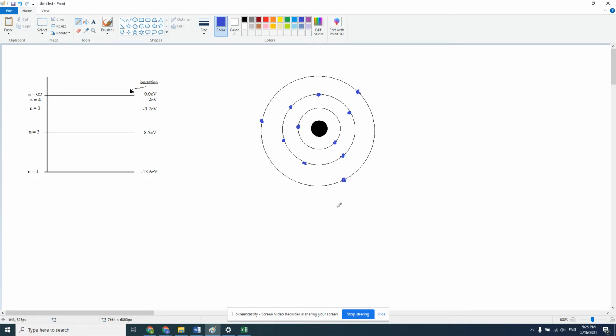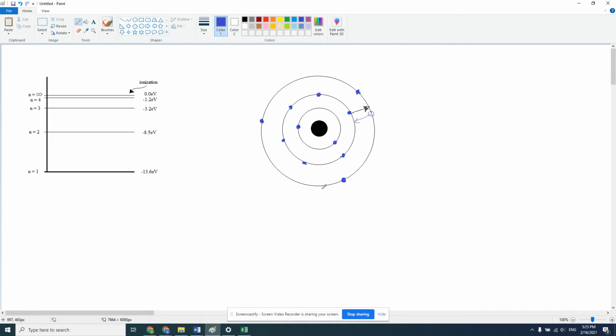Now, what happens is the electrons are going to naturally want to drop down to lower energy levels. Take something like a light bulb. What we effectively do is we take an electron, excite it through electricity up to a higher level, and then that electron will fall back down.